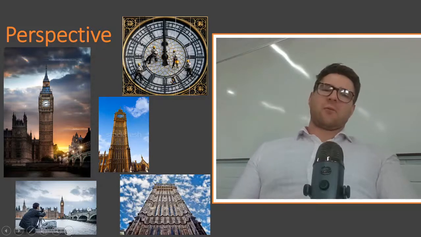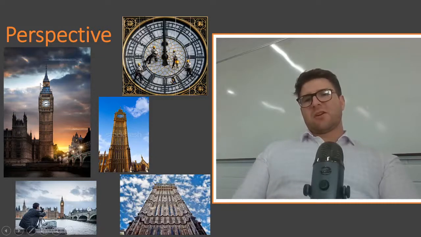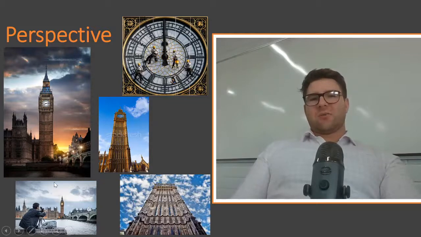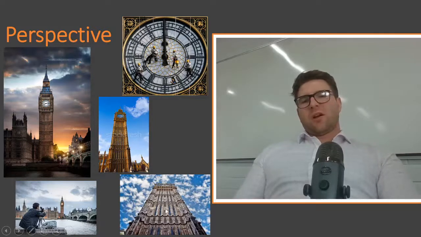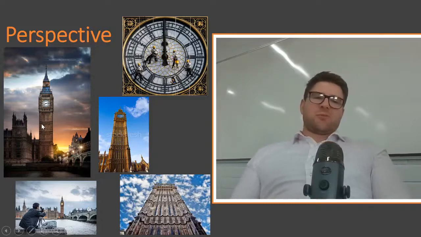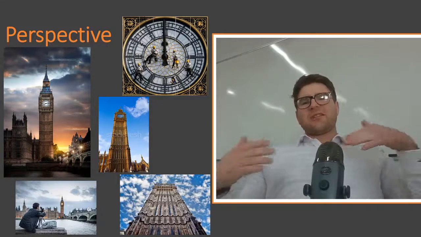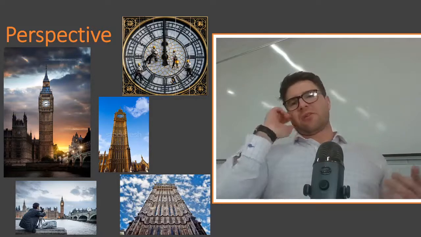So when you stand further away from something and you zoom in, it has the effect of looking like this. You've all been to the city, right? And when you look up at a building and it looks like this, that's when you're really close to it and you're looking up. But if you walk a kilometer away from that building and then you look at it again, it looks like that, because your perspective is affected by the distance that you are away from that building or subject.